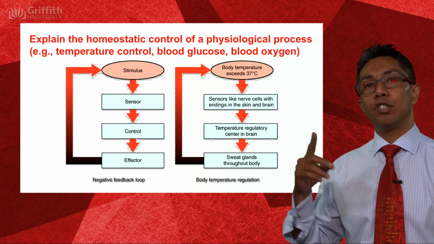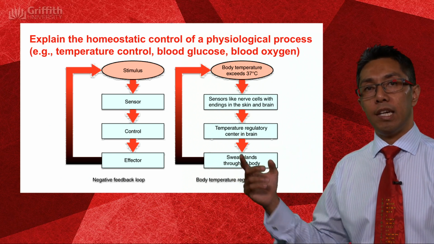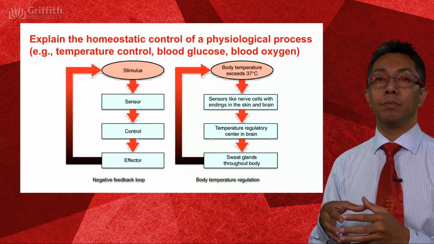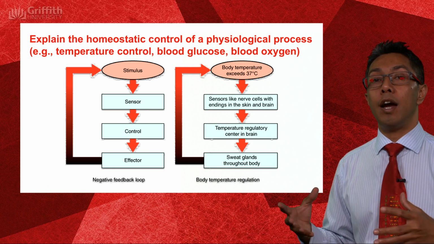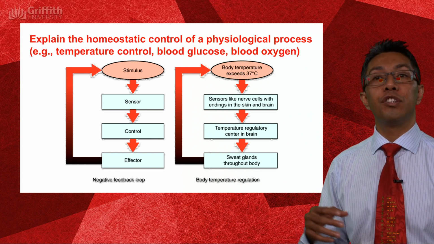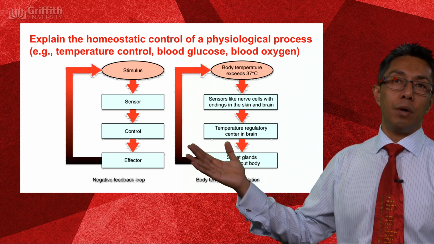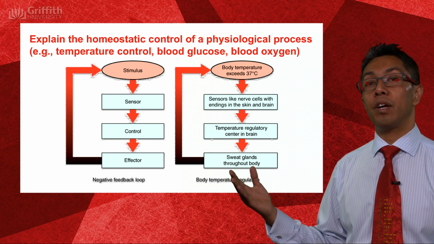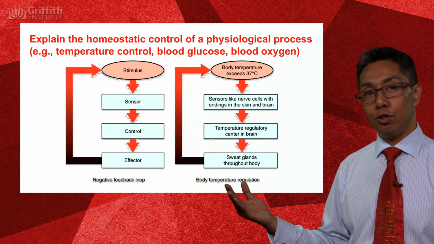Okay, so physiology is really the study of these systems, these chemical systems within our body, which are designed to maintain homeostatic control. Okay, so we can look at temperature, we can look at glucose, we can look at blood oxygen, but the example that we're going to have a look at here is temperature control.